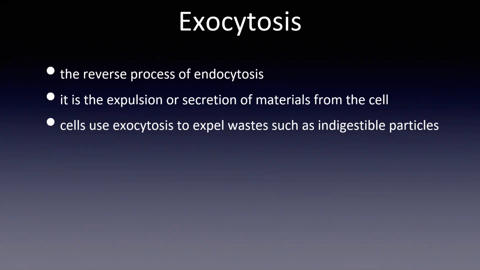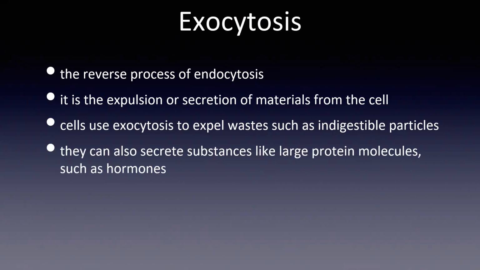So you can make things like hormones, you can make things like enzymes that do jobs all over the rest of the body. So with exocytosis, cells can also secrete substances like large protein molecules such as hormones.